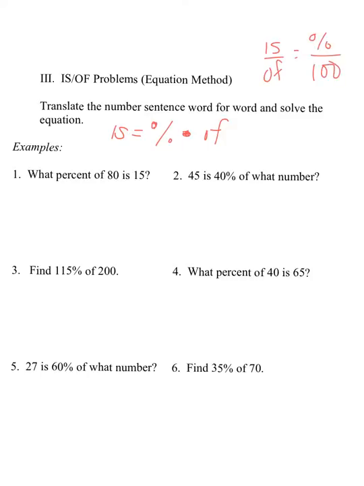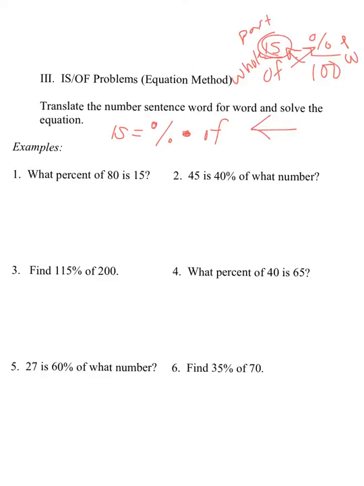So you can see in order to get the is, if you use your cross products, it'd be like having is times 100 equals of times percent. And that's basically what this says right here. It is a part to whole relationship. So when you talk about a percent, it is part of an entire 100. So out of the whole number, this is a piece of it.